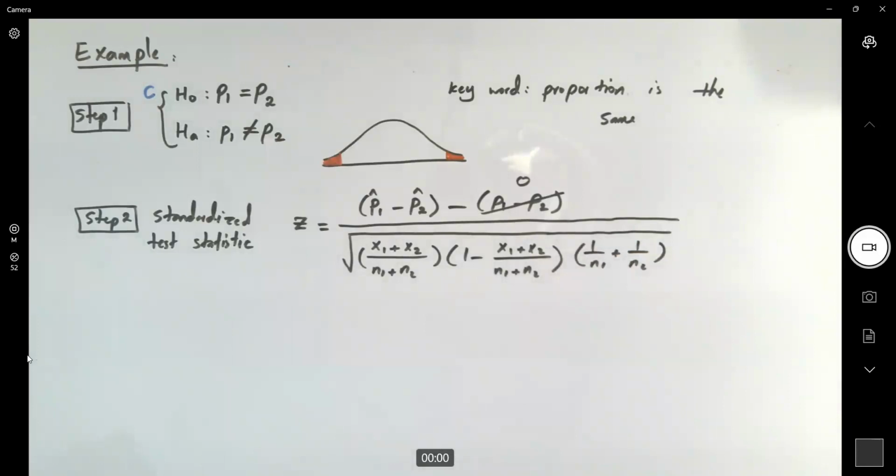Very good. So now we need to find each piece of information and then plug those in and see what we have.